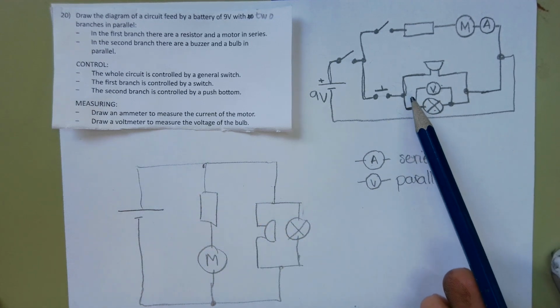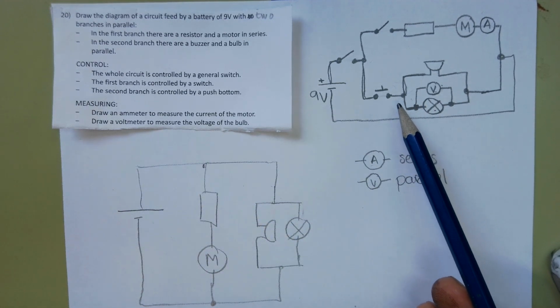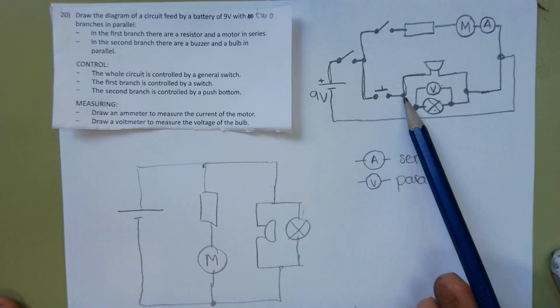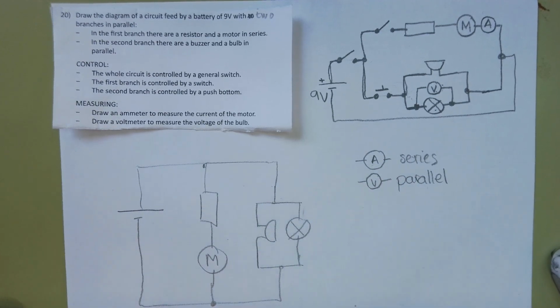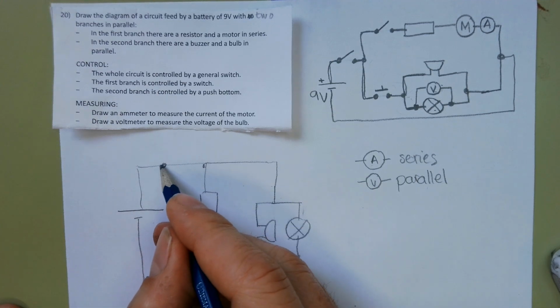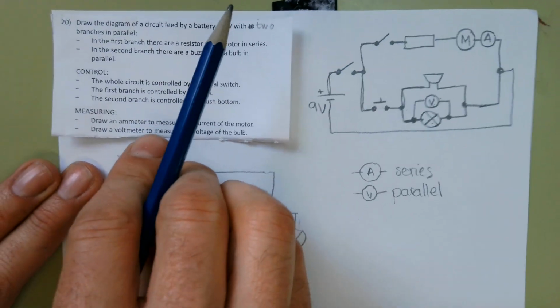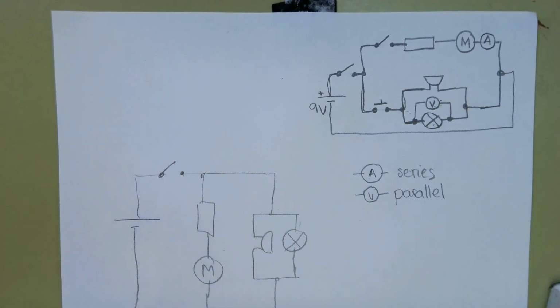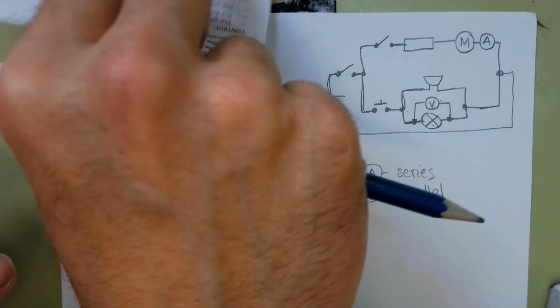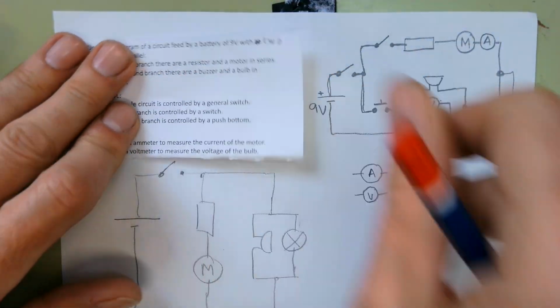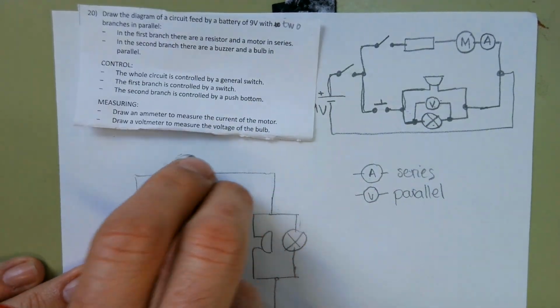This scheme, this diagram of the circuit is the same as this one. Both are completely correct. I need to insert the rest of the components. A switch next to the battery. A switch for the first branch.